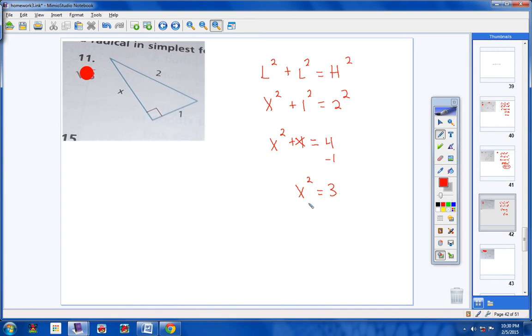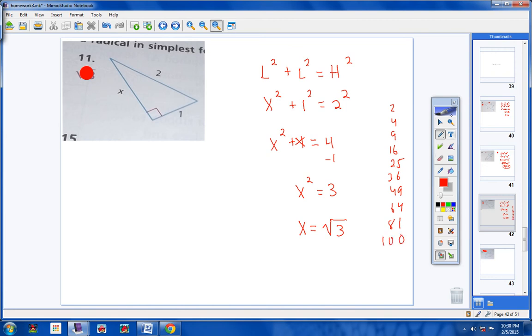Now take the square root of both sides. The square root of x squared is x, and the square root of 3 is just the square root of 3. Now think of your perfect squares: 2, 4, 9, 16, 25, 36, 49, 64, 81, and 100.